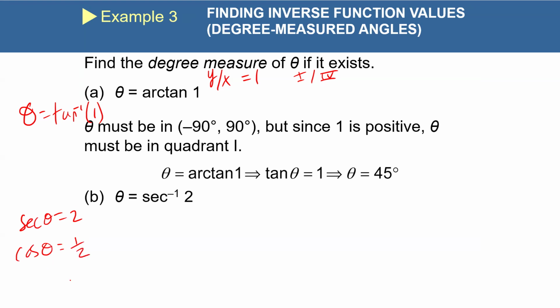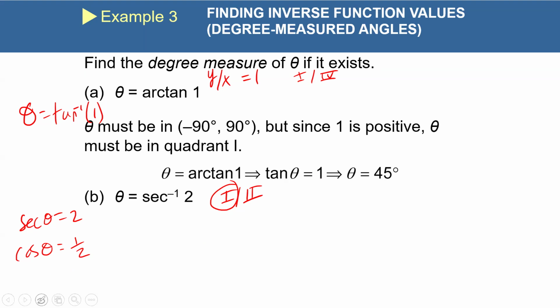So you're asking yourself, when do I get 1/2? Well, what quadrants am I going to look for a cosine? Cosine is what quadrants? First and second. So quadrant 1 and quadrant 2. And it needs to be positive. So which quadrant does it fall in? The first one.